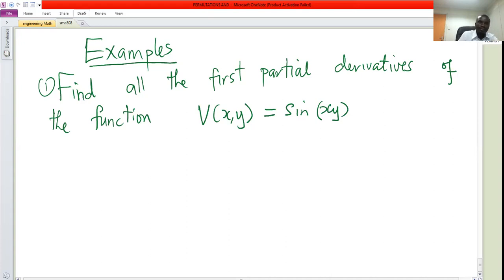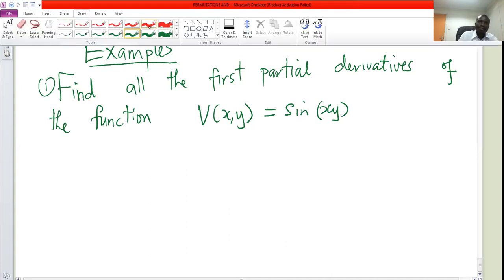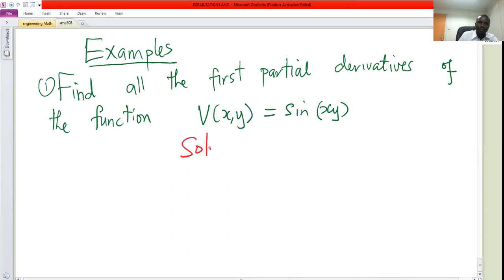Actually, this is an appetizer. Solution. So partial v, partial x. We differentiate this function by chain rule, assuming that y is constant, because now it is partial x. So if you fix this one to be u, u will be xy.